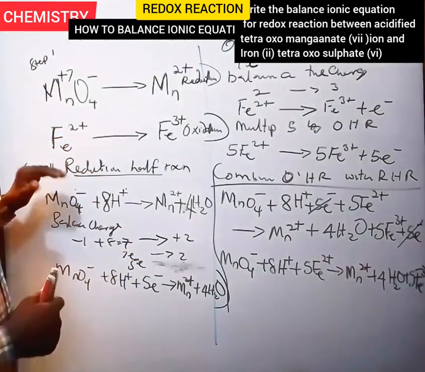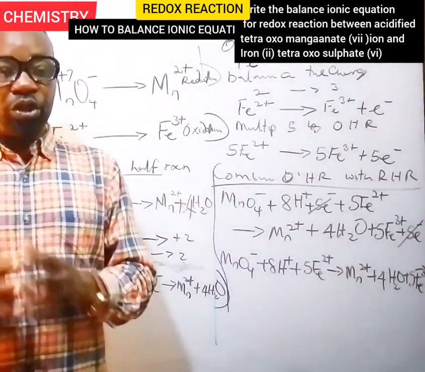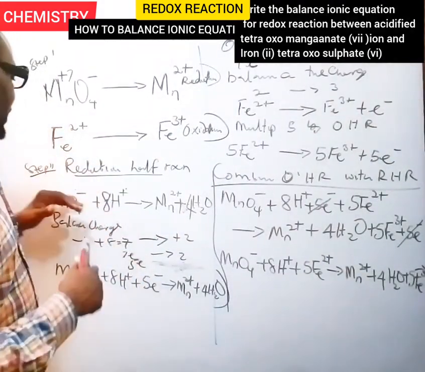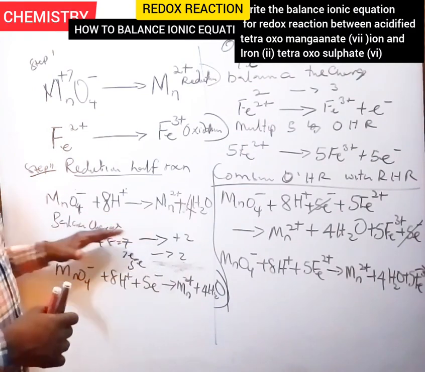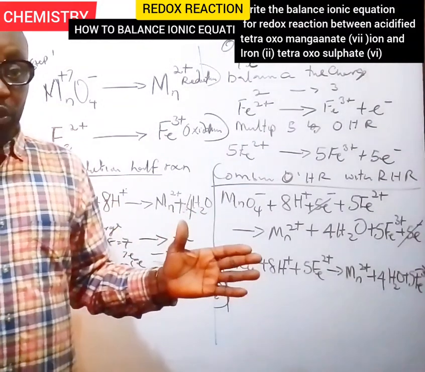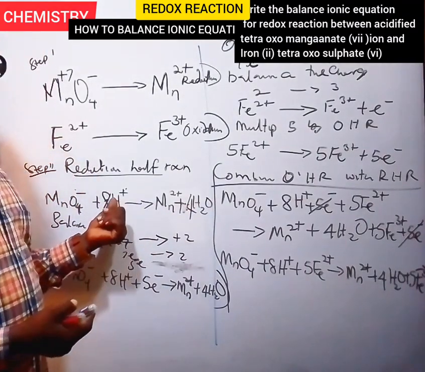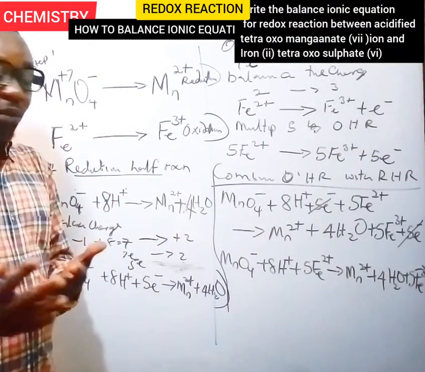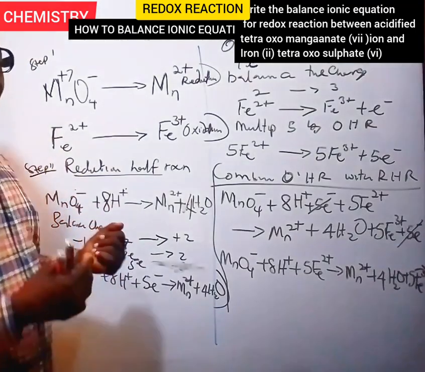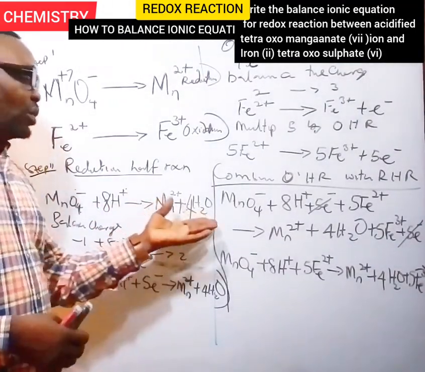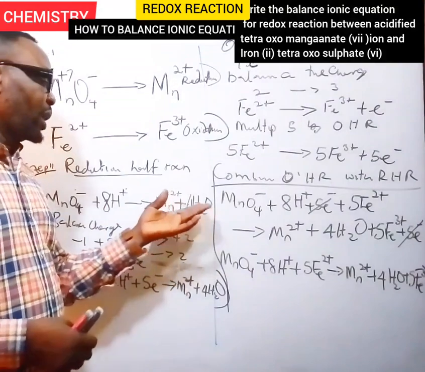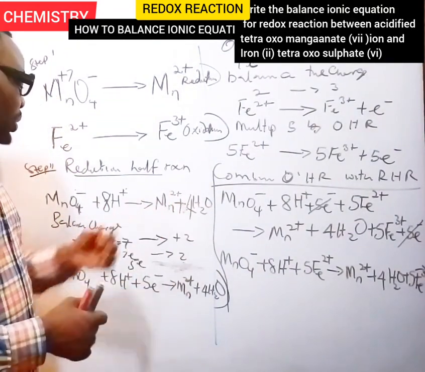After that, you work on the reduction half reaction. You balance the equation first by looking at the number of hydrogen ions, for the acidic medium, that will be added to the reactant side to have the required number of water at the product side.